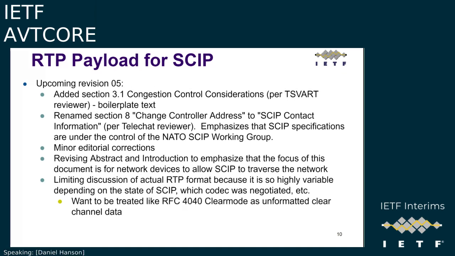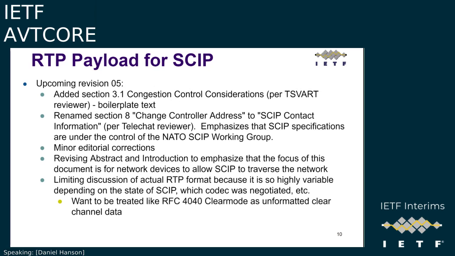Again, we want to emphasize that we want to be treated basically like an unformatted clear channel, kind of like what RFC 4040 defines. Unfortunately, RFC 4040 doesn't meet our needs, so we can't just use that for transporting SKIP. That's why we're looking for our own, because it doesn't do video and things like that. So we want to shift the focus.